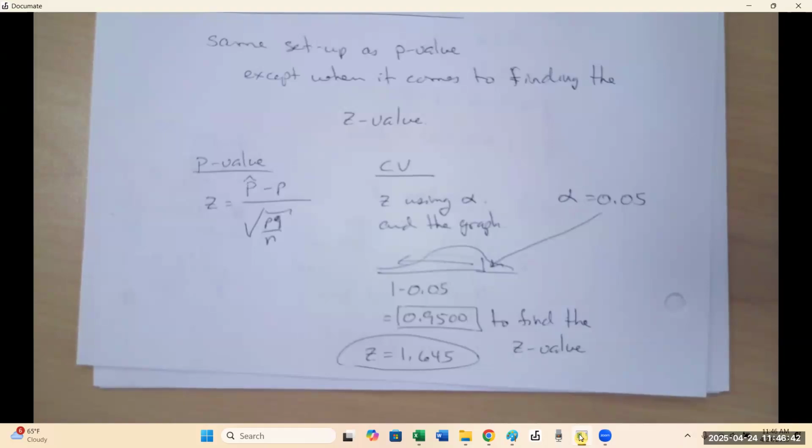What was our test statistic for this one? We need to know the test statistic, because if it falls in the critical region, that determines whether we reject or fail to reject the null hypothesis.